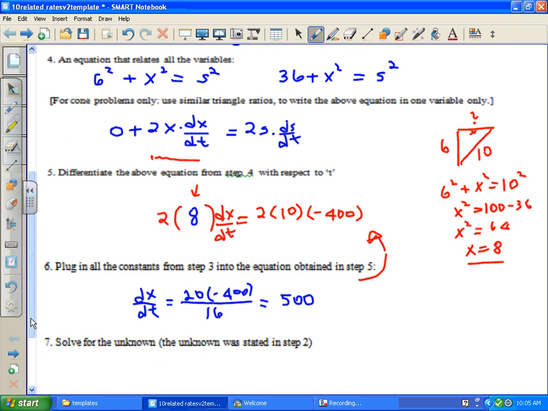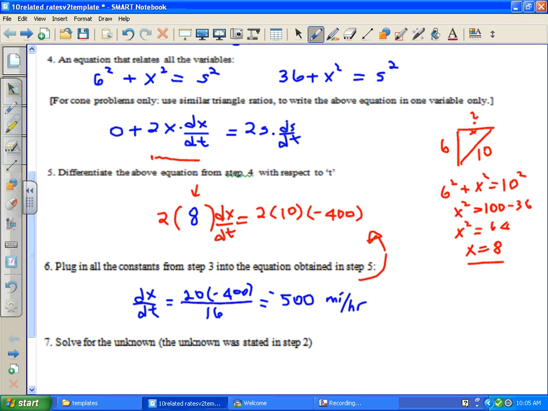So the resulting expression will also be miles per hour. And I shouldn't forget my negative as well. The negative indicates that that distance is shrinking, or that the object is going in the opposite direction. So again, if a quantity is getting lesser and lesser as time goes by, its derivative is going to be negative.